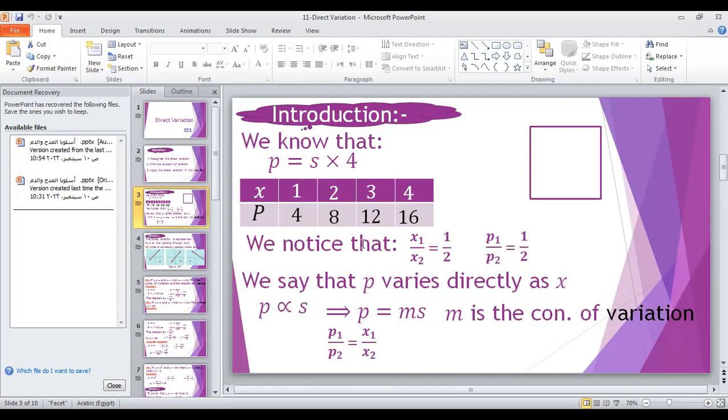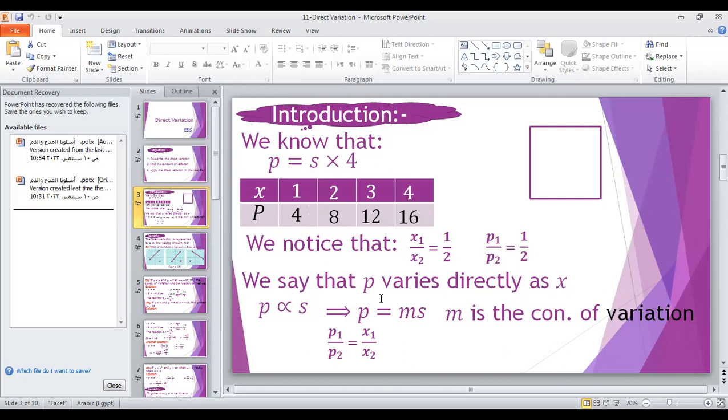And also, x1 divided by x3 equals b1 divided by b3, and x1 divided by x4 equals b1 divided by b4. So we can say that b varies directly as x.